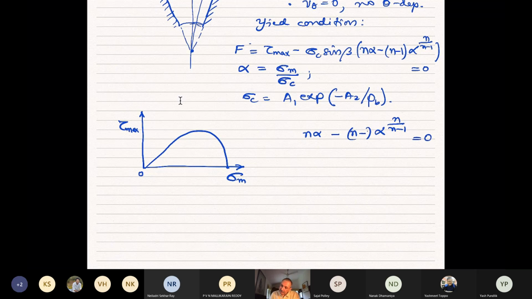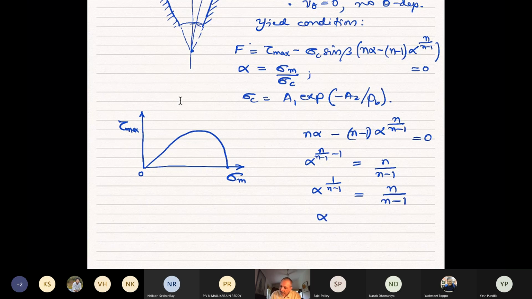So you can see that this is just when alpha raised to the power of n divided by n minus 1 is equal to n divided by n minus 1. And if you simplify this out, this is just 1 upon n minus 1 is equal to n divided by n minus 1.